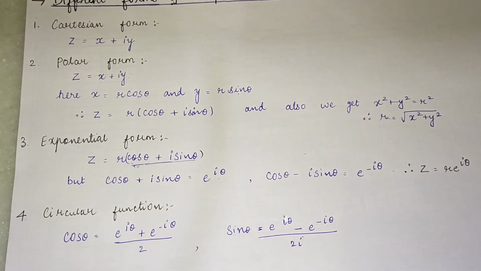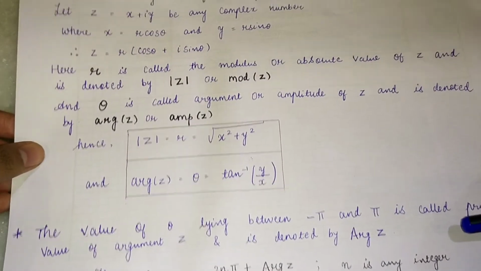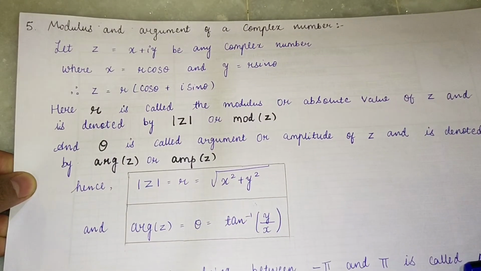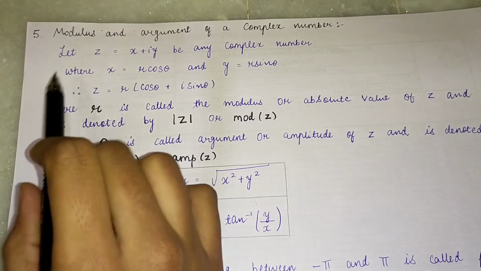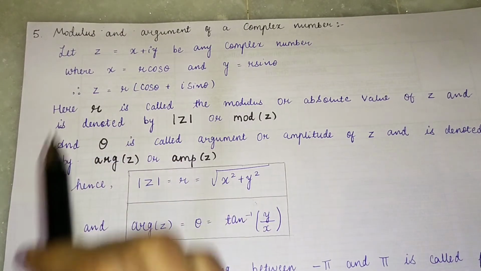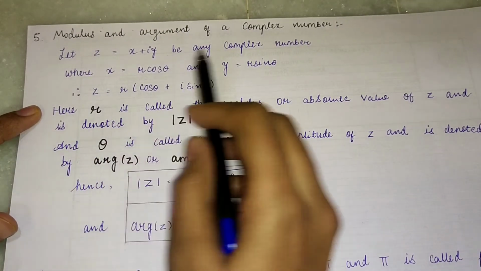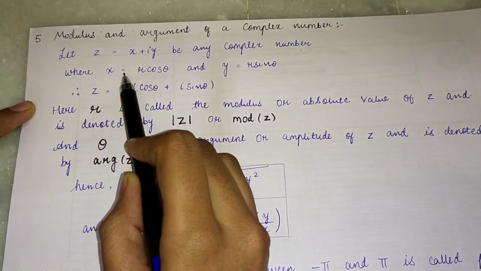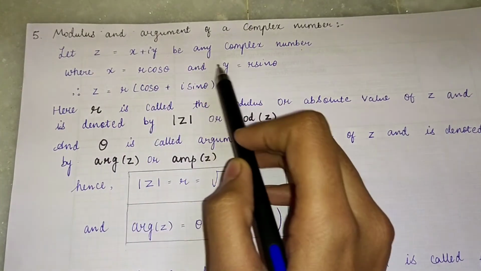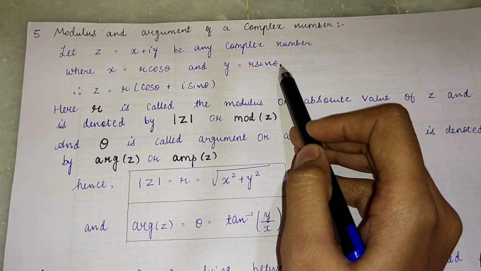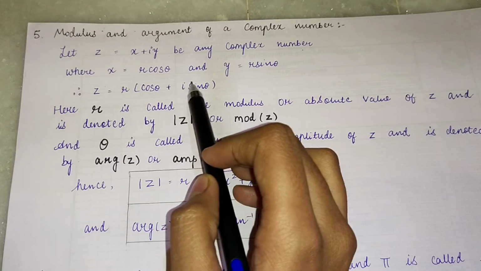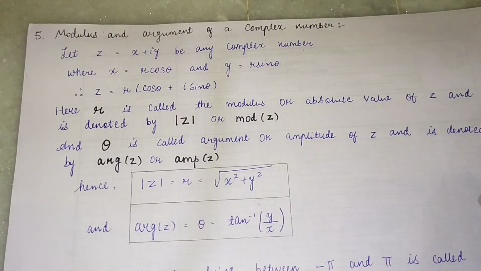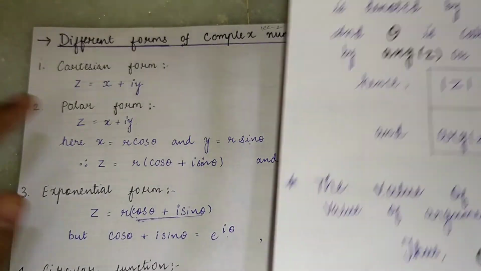Okay, so the fifth property is the modulus and argument of a complex number. For understanding that, let z equal to x plus iy be any complex number, and if x is equal to r cos theta and y is equal to r sin theta, then we get z equal to r(cos theta plus i sin theta), which we have seen in polar form.